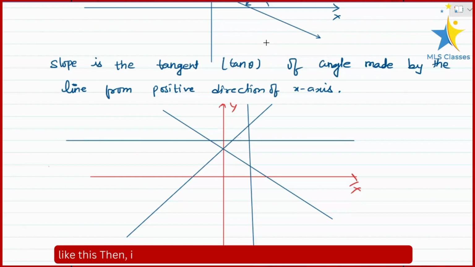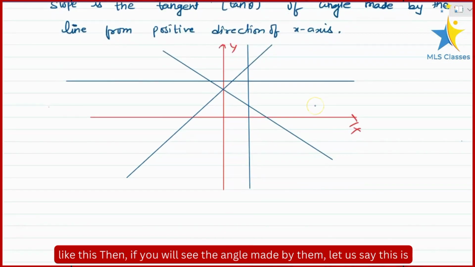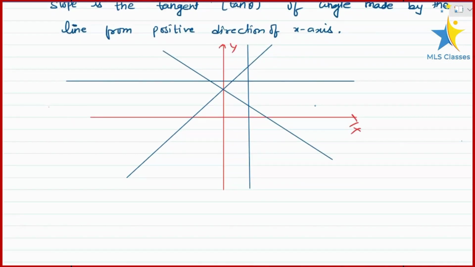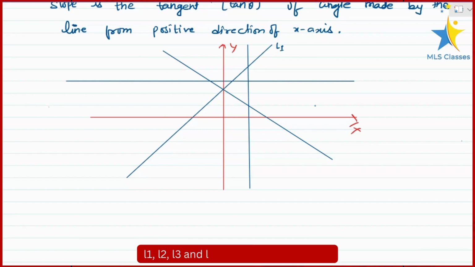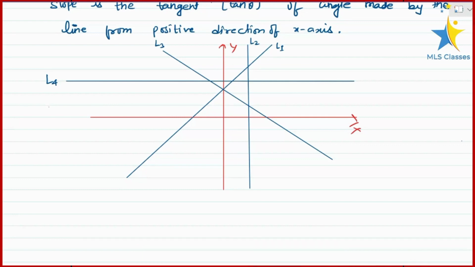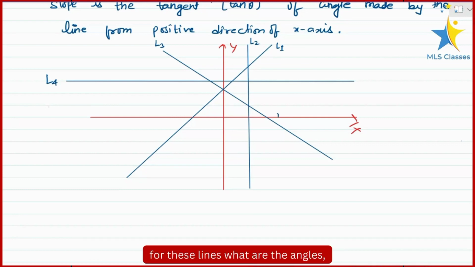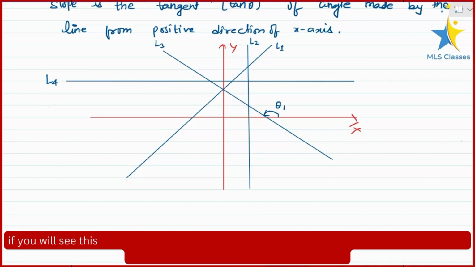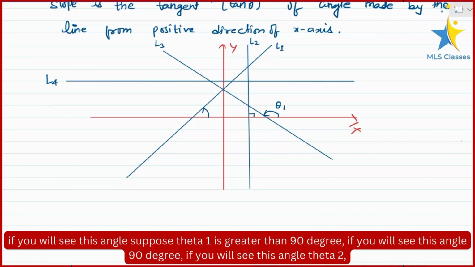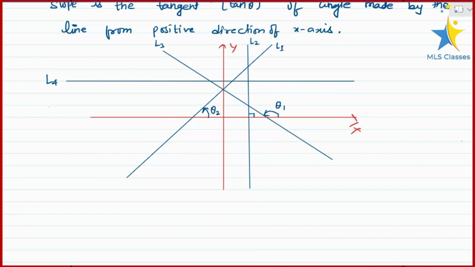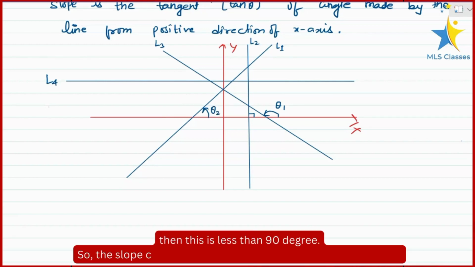Let's call them L1, L2, L3 and L4. Looking at the angles, theta 1 is greater than 90 degrees, theta 2 is less than 90 degrees. So the slope changes according to the angle.